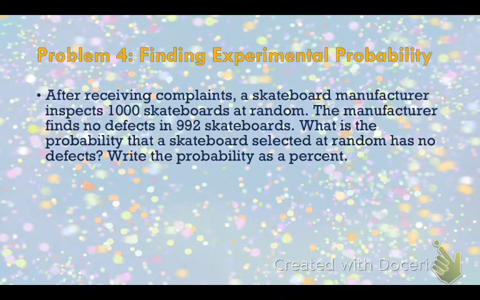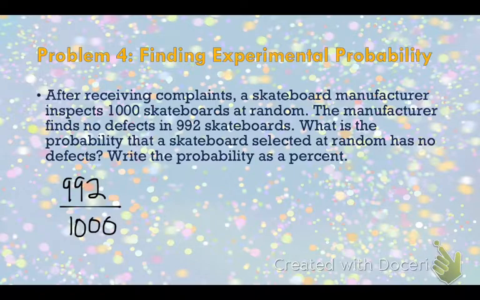So, the number of times the event occurs. What is the number of times in this problem that the skateboards that were looked at did not have any defects? 992. What is the total number of skateboards examined, or the total number of times the experiment is done? That was 1,000. So I have 992 over 1,000.